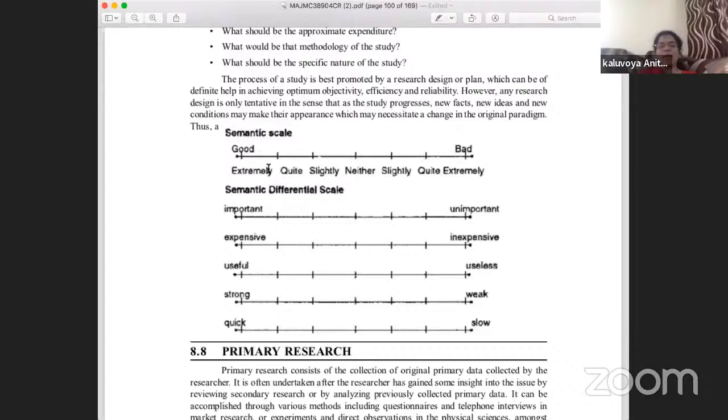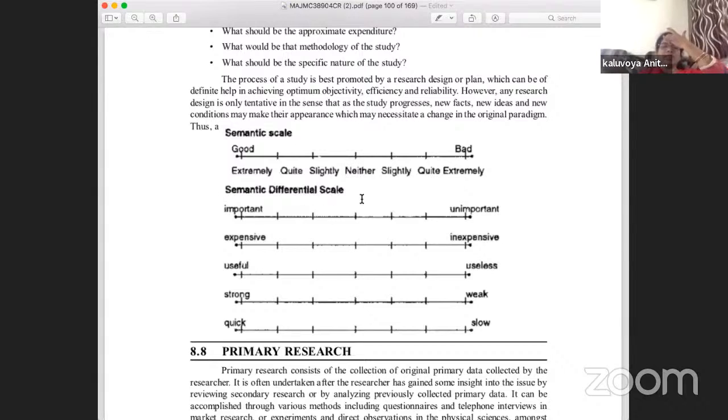From good to bad, there is a series of attitudes that will be measured: extremely good, quite good, slightly good, neither, slightly bad. Something in the middle is the median, whereas it goes towards the bad side. You have the same terms repeated: quite bad, extremely bad, or none of them, where the person won't be able to say anything. That is how it is.